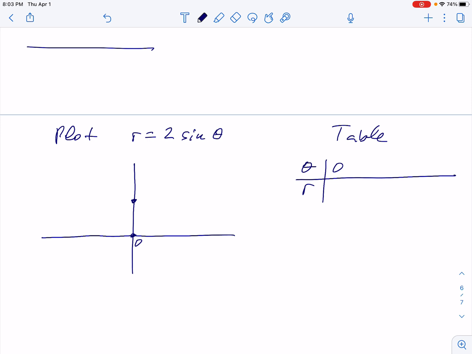Theta is increasing from 0 to pi over 2, moving counterclockwise. Radius is increasing, sine becomes 1, radius becomes 2. So at beginning radius is 0, then radius becomes 2. So it's something like that, coming to radius 2.